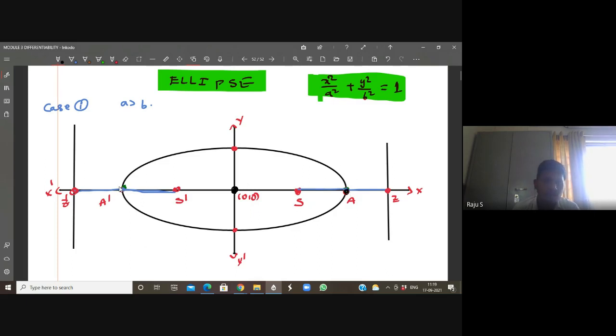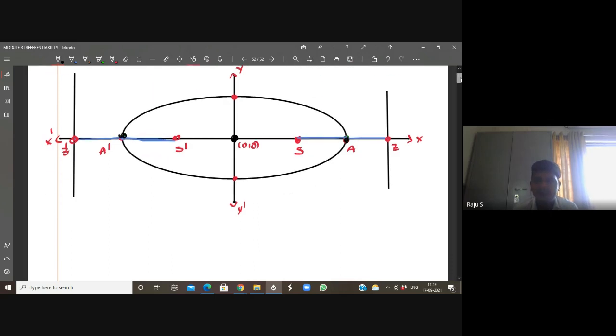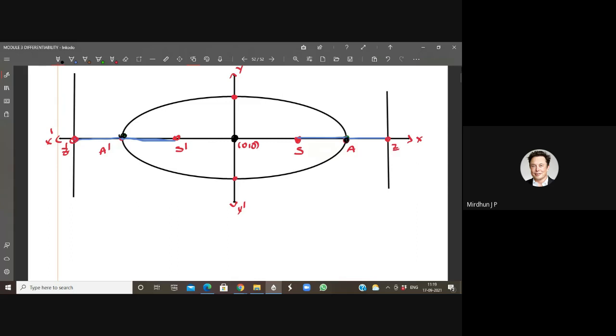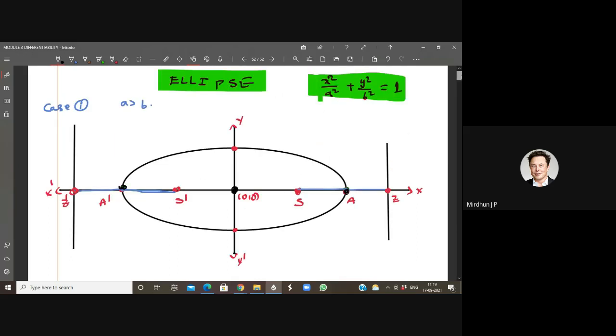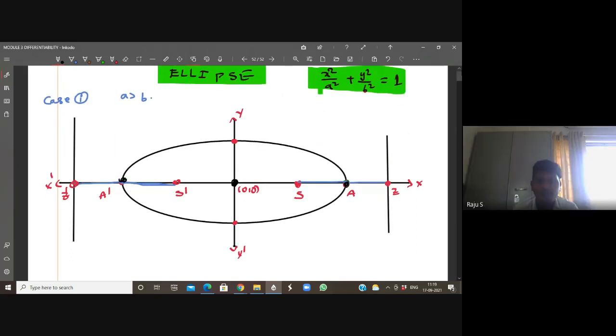Now tell me, student, what is A and A dash? How can you find A dash, S dash, and the distance Z dash? Distance formula means, I don't want to find the distance here. Just we know the center is 0, 0 only.